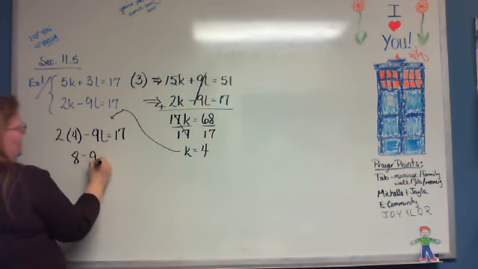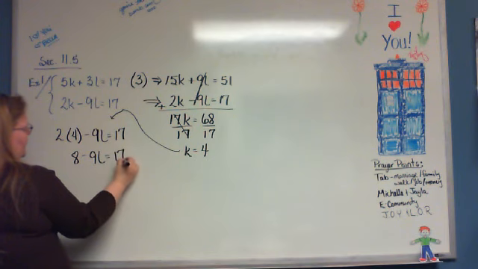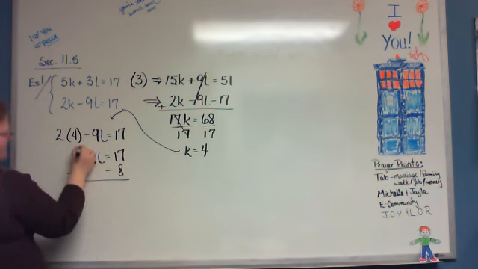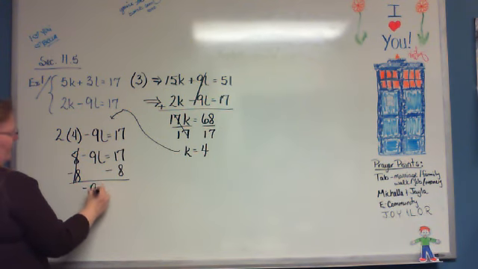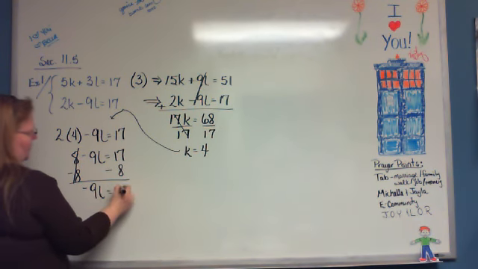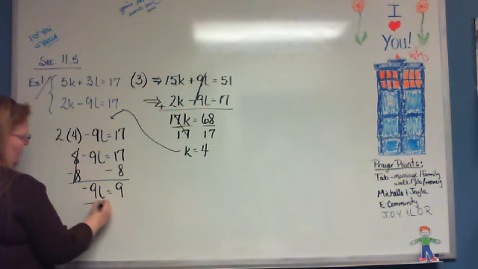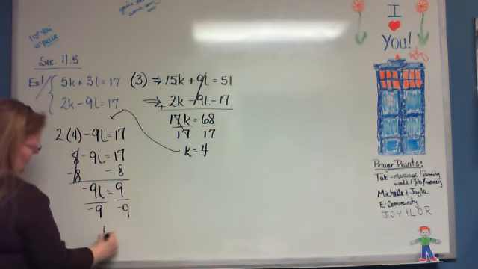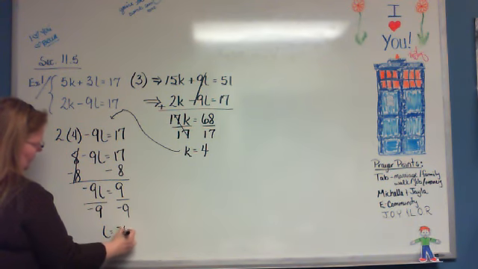So 8 minus 9l equals 17. Subtract 8 from both sides. Get negative 9l equals 9. Divide both sides by the negative 9. And l is equal to negative 1.